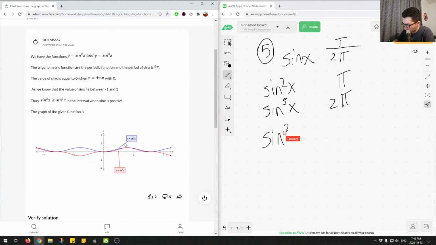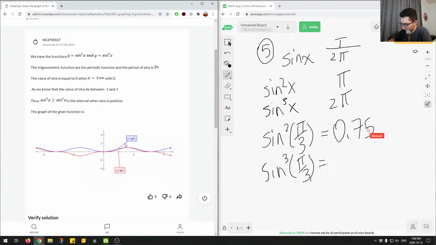So if we take sine squared at pi over 3 and sine cubed at pi over 3, plugging into your calculator, you get 0.75 for sine squared, and 0.64 for sine cubed. So this is just plugging in values. You can see that sine squared is greater than sine cubed, and by using a graphing calculator or some kind of graphing software, we can see visibly what this looks like.